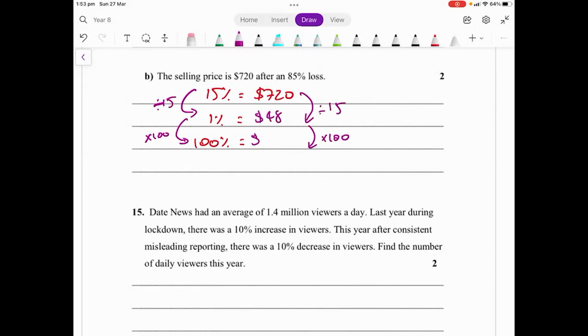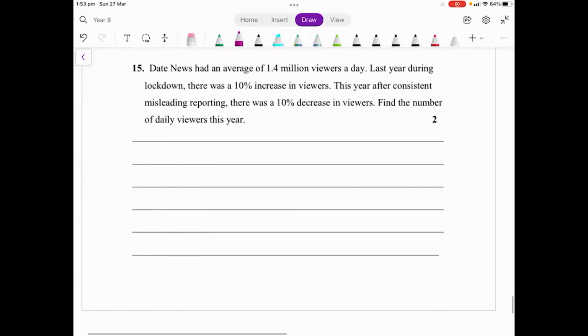Question 15 is another successive discounts question. Even though it's an increase and a decrease, we usually regard this as successive discounts. So it says that the news channel had an average of 1.4 million viewers in a day. Last year there was a 10% increase, and this year there was a 10% decrease. Find the number of daily viewers.